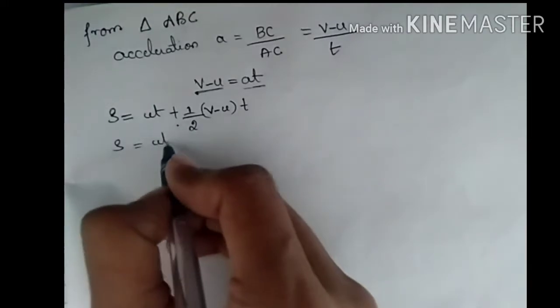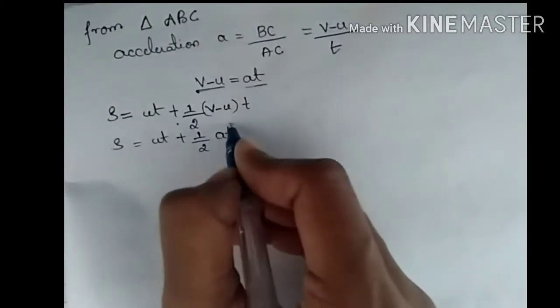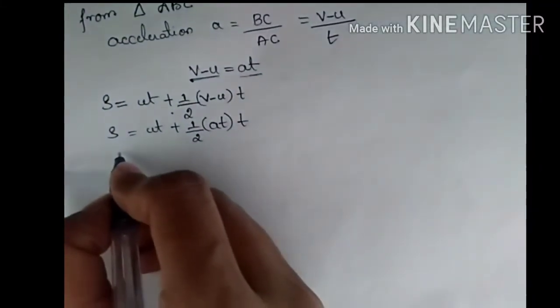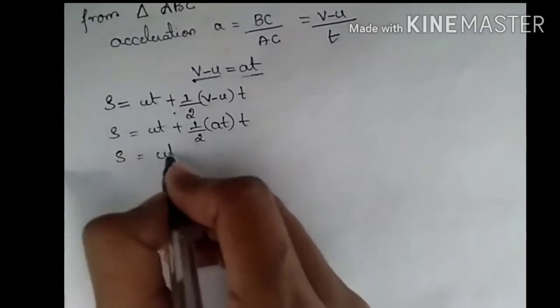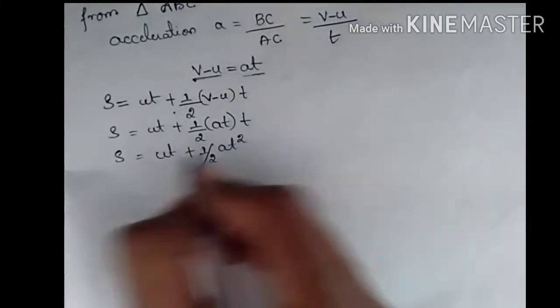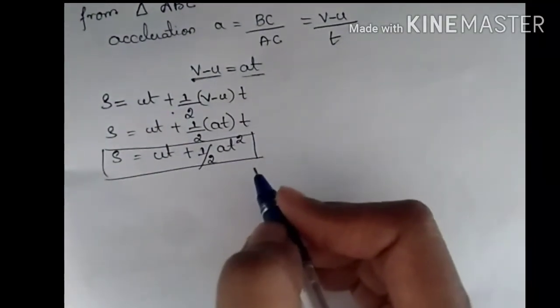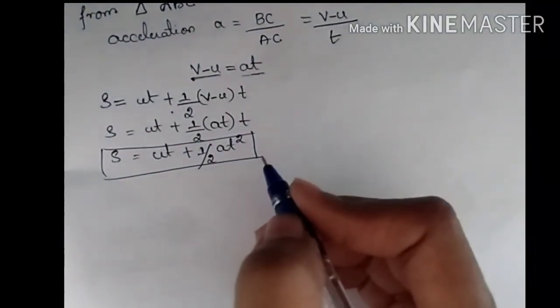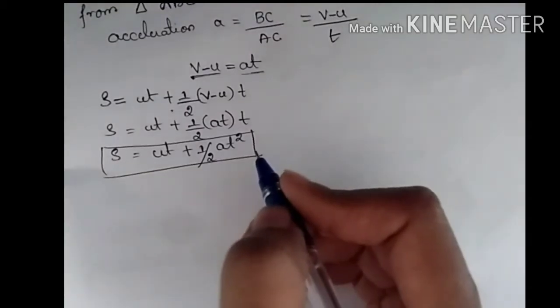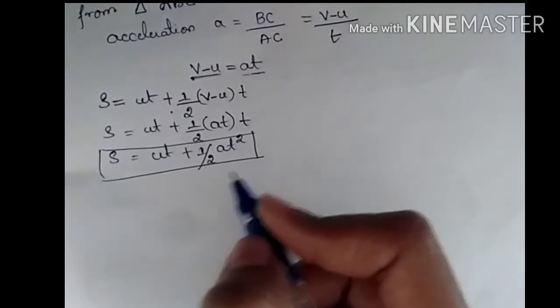S is equal to UT plus half AT multiplied by T. So that would give you S is equal to UT plus half AT square. This is the second equation of the uniformly accelerated body: S is equal to UT plus half AT square.